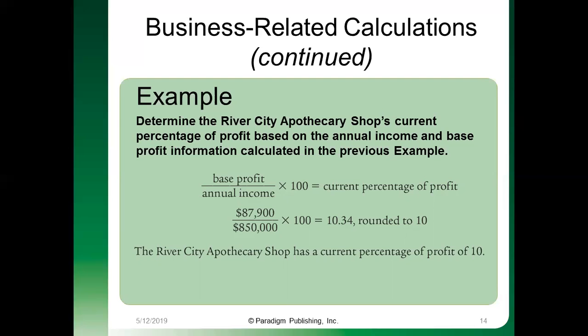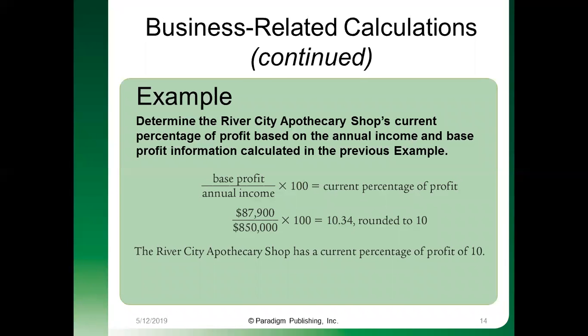And we're going to divide that by the annual income of 8,500,000 times 100. So that is equal to 10.34. We're just going to go ahead and round it. So the River City Apothecary shop has a current percent of profit of 10.